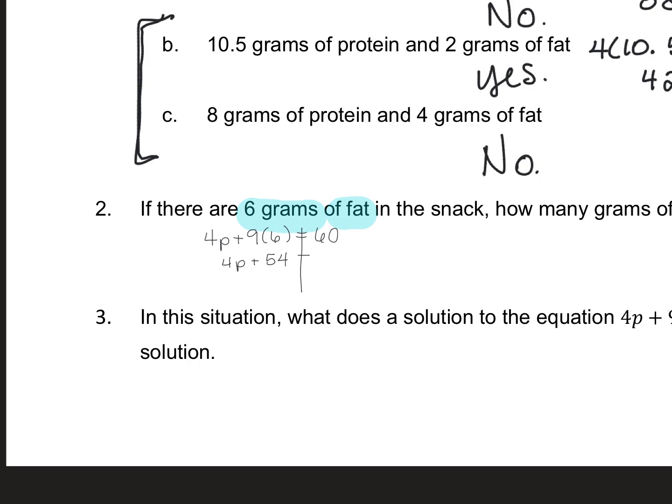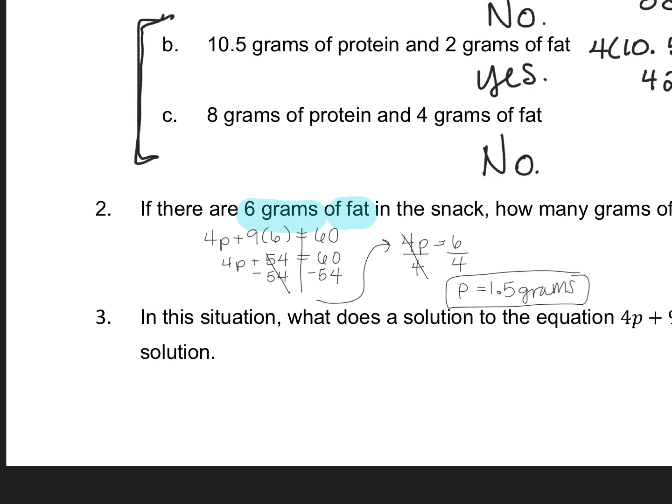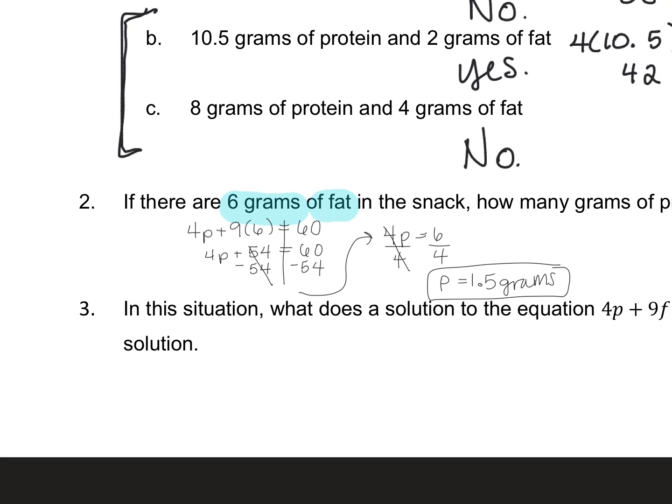If you want to draw the line, you can. And then to solve, we can subtract 54 from both sides. I'm going to come over here because I ran out of room. We have 4P equals 6. And then we can divide both sides by 4. And P equals 1.5 grams. Okay.